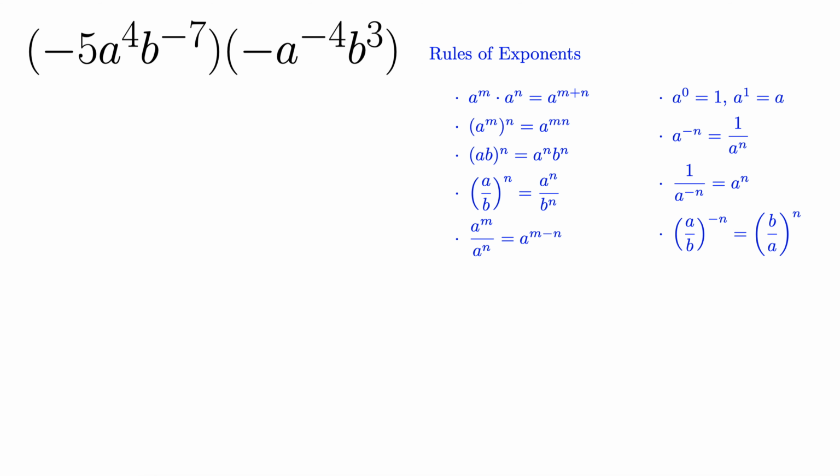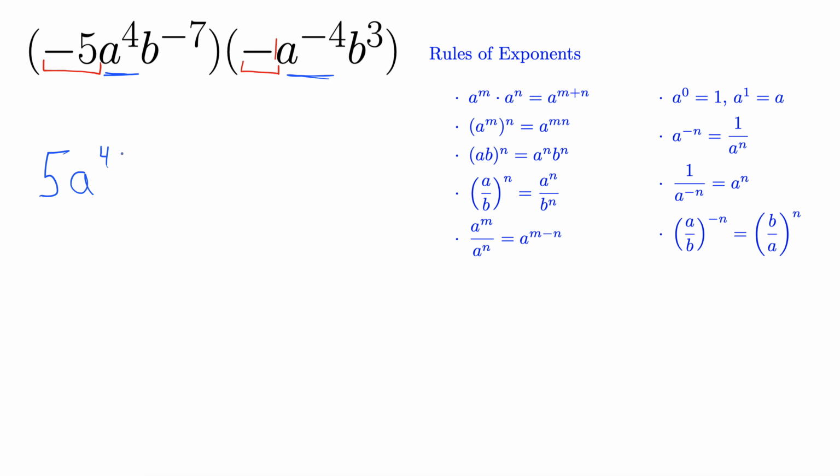Okay, so let's see here. A lot of times it's useful to just get the coefficients out to the front together. So we have negative 5 times essentially negative 1. Negative 5 times negative 1 is a positive 5. That's just coming out to the front here. Okay, then we have a to the fourth and a to the minus 4.